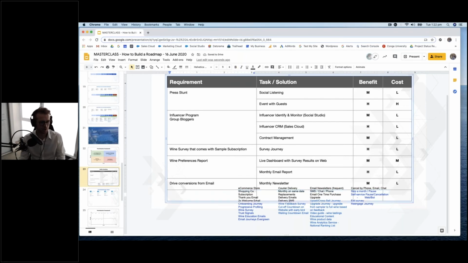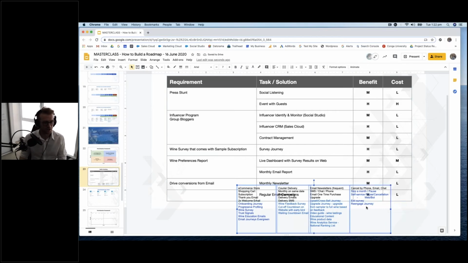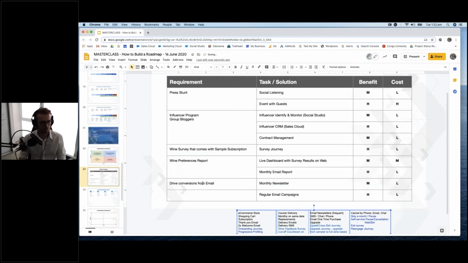And then, driving conversions, you'd also have regular email campaigns, and that is a high benefit, low cost. Okay, cool. I know I'm writing over this stuff. So that's how I build out one page of recommendations.